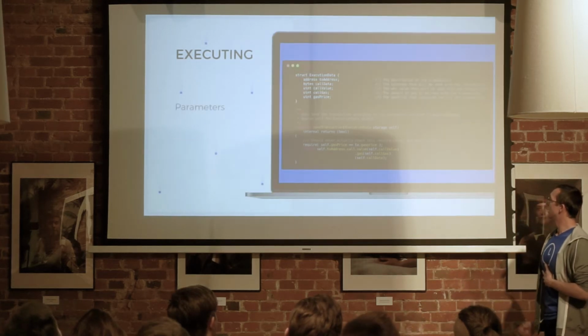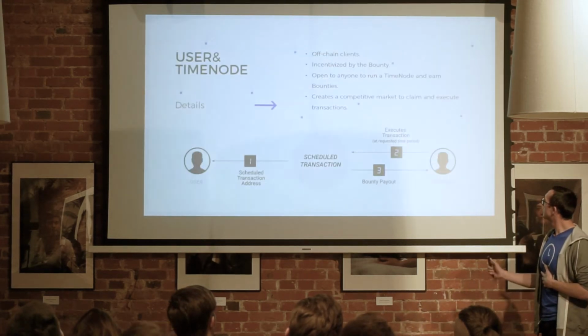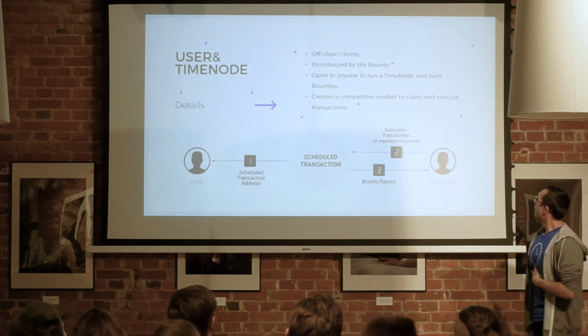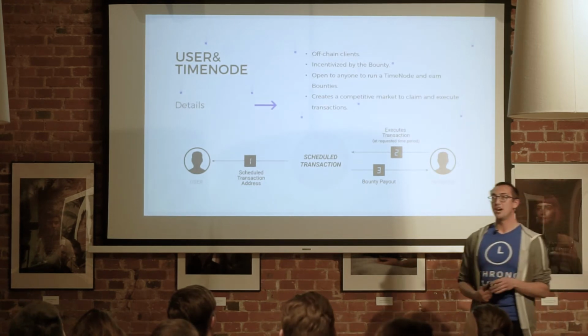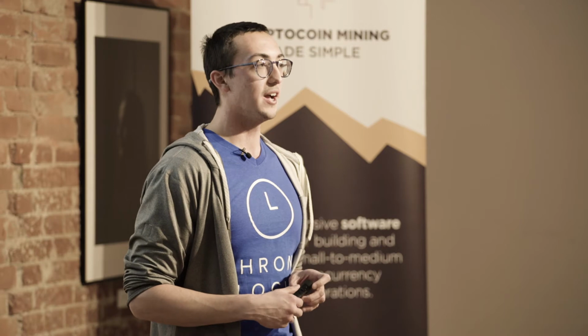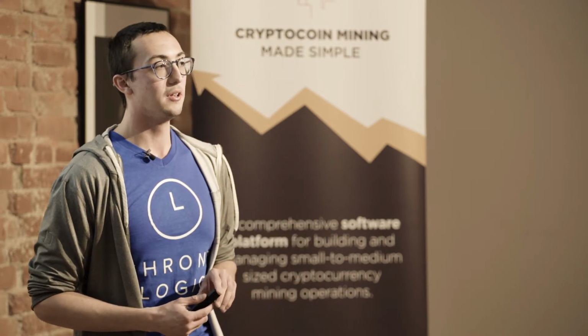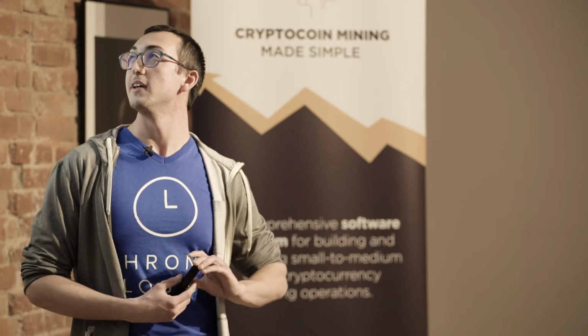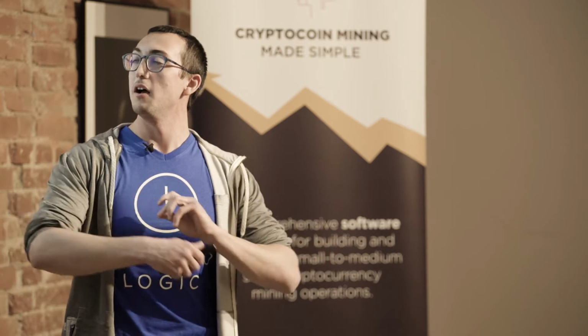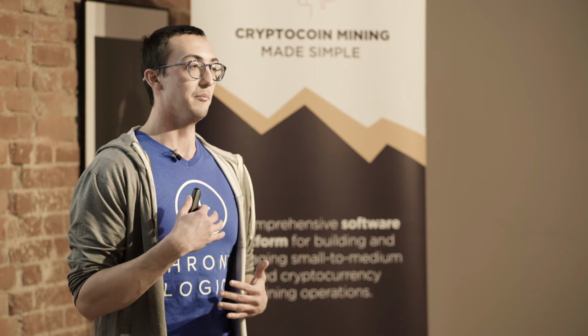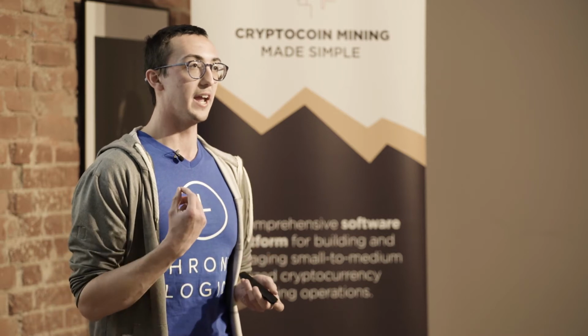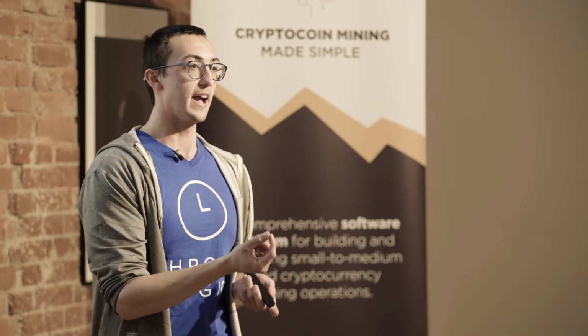Let's go through that. All right, so the time nodes, I'll give you a demo of a couple things we've built there, but they're essentially just clients that are running, and they will send transactions.